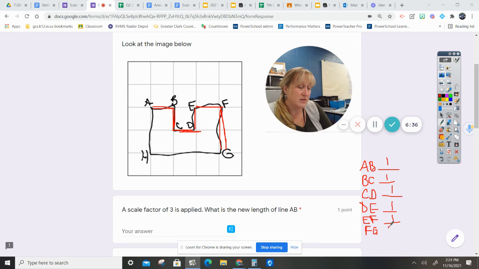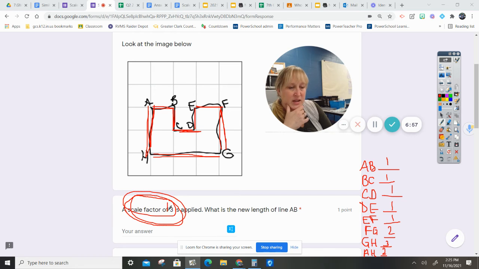FG is 2. GH is 3. And then because we have to go alphabetical, A, H is also 2. Now, a scale factor of 3 is applied.